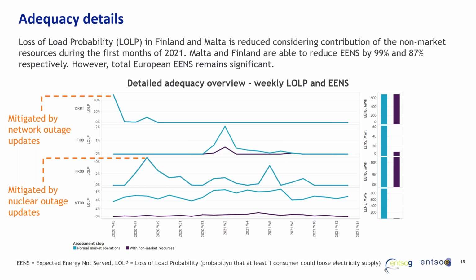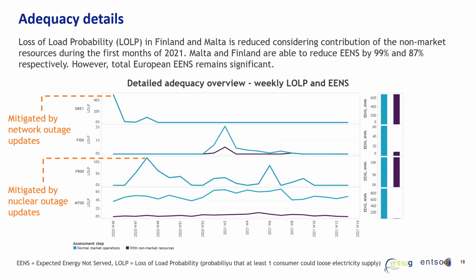Due to this fact, they also have non-market resources on which they rely in case of high outages in their power system. So this is quite common, I would say. The main point this graph shows is that those non-market resources in Malta are capable of doing quite a good job to address those supply scarcity moments.